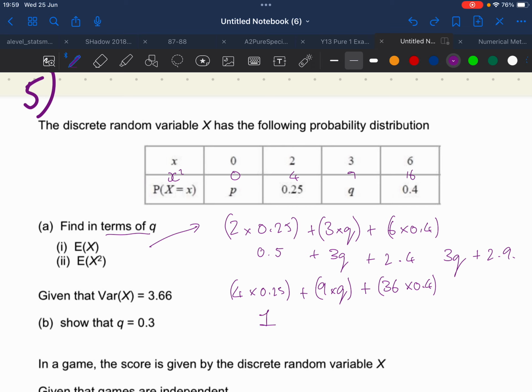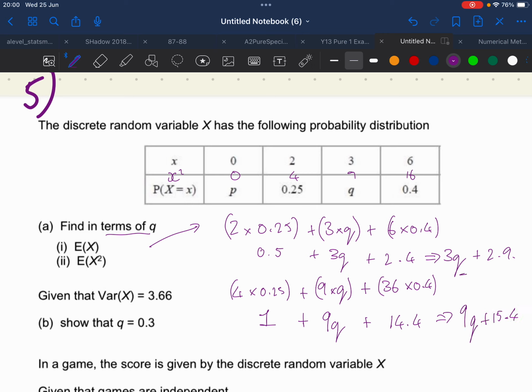So hang on, not 3 times, 3 times 3, so 9Q. That's 6 times the original amount. So 2.4 times 6 is going to be 14.4. So that's going to be 9Q plus 15.4.